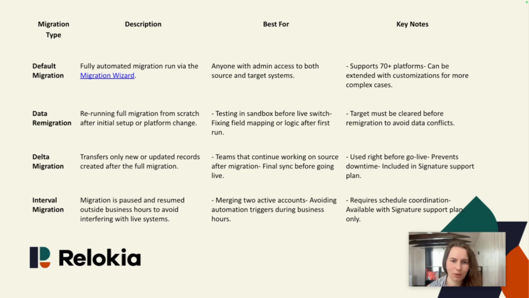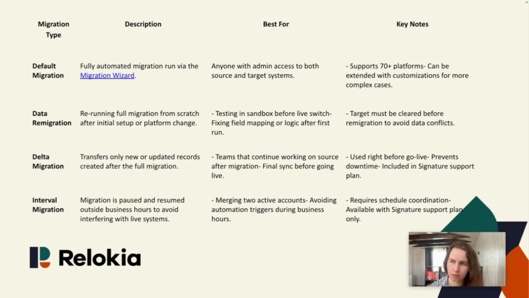Then the next, data remigration. Data remigration allows you to rerun the full migration from scratch. This is often used when you want to change some field mapping or settings after the initial run. For example, you forgot to create some group, you forgot to map some custom field, whatever. You need to redo the migration, you can use that.